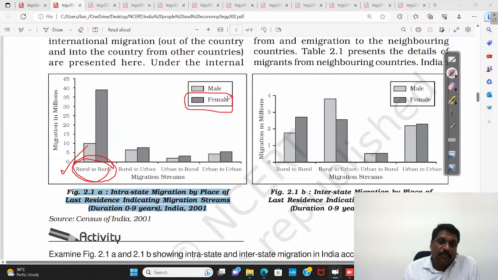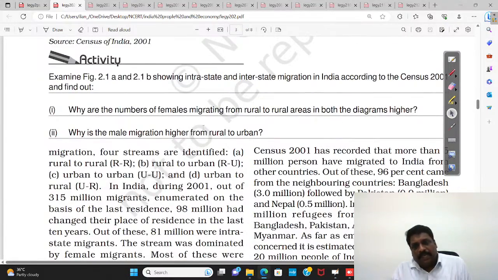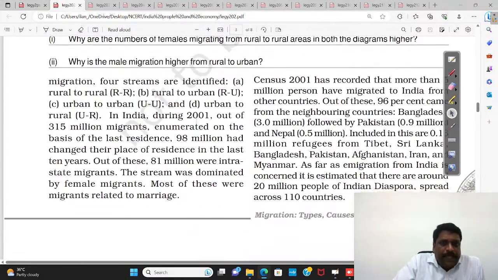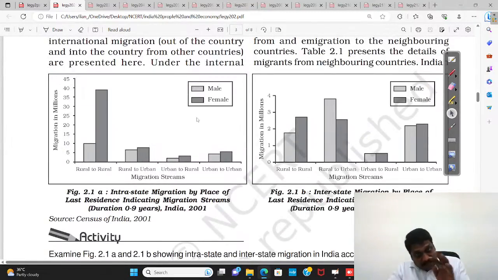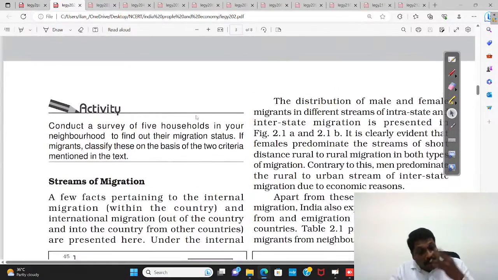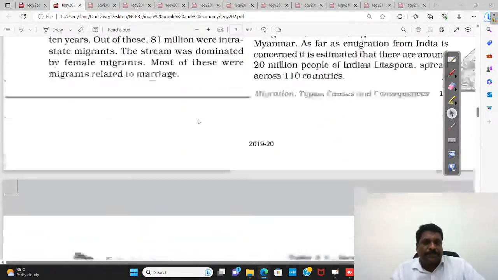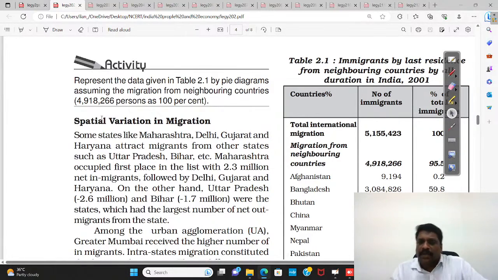And what is the reason? The reason is something very interesting: marriages. That's what the data says. So one thing which is slightly different from the rest of the world: in India, rural to rural migration is maximum. That is one. Number two, in India, female migrates more than male, and the cause of this migration is marriage. Okay, all right, my dear friends.